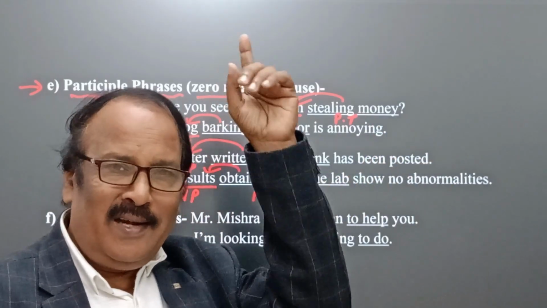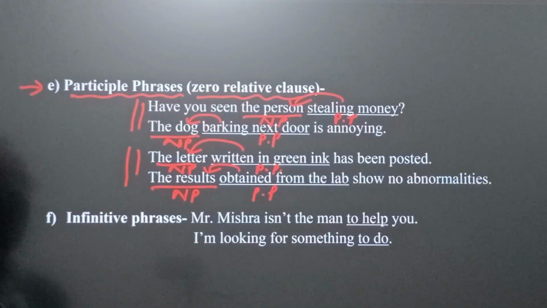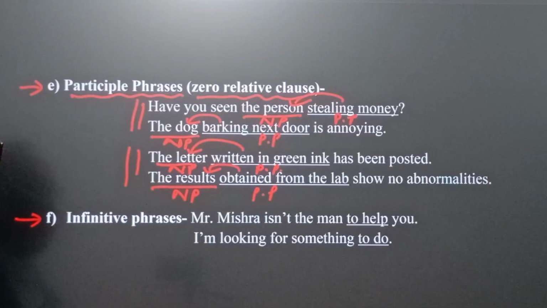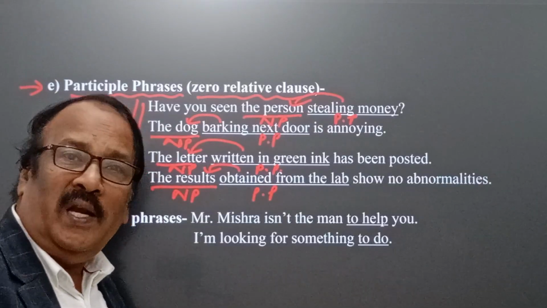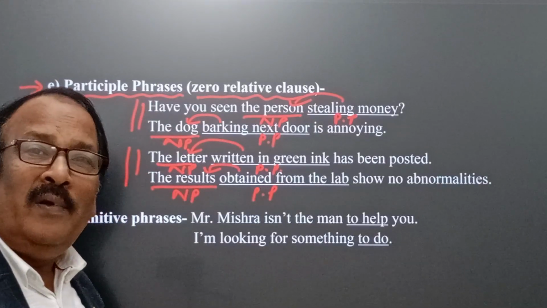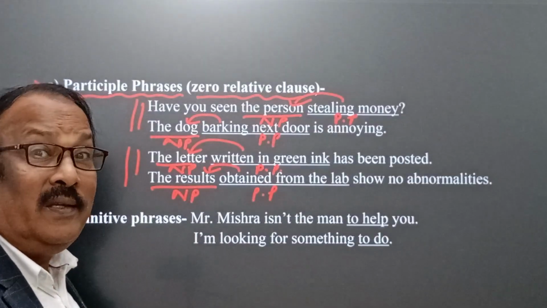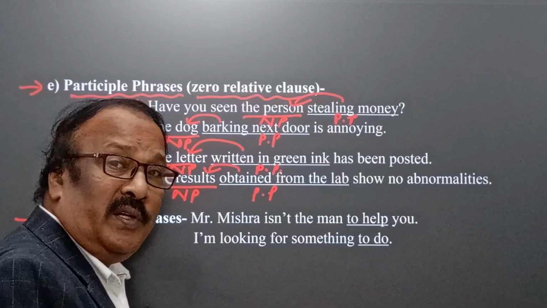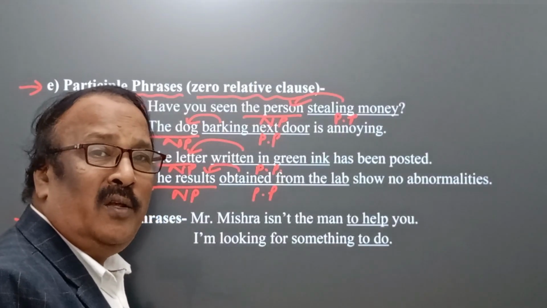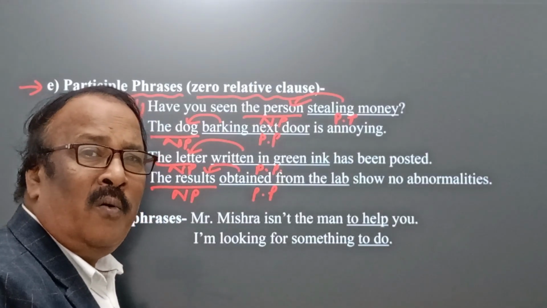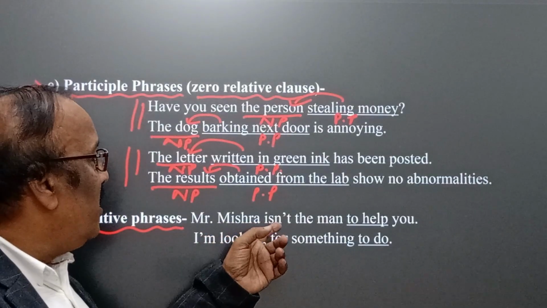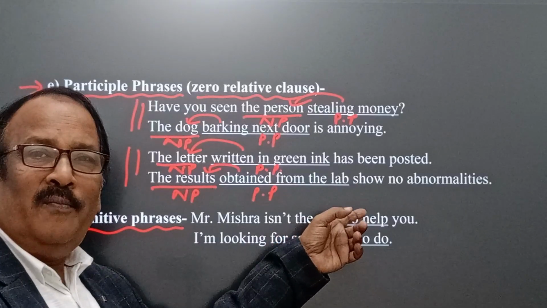And yes, take interest. Now come to another, that is the infinitive phrase. We have infinitives, bare infinitive and to-infinitive. Here the to-infinitive is used as a determiner remaining just after the noun phrase. Let's see: Mr. Mishra is not the man to help you.